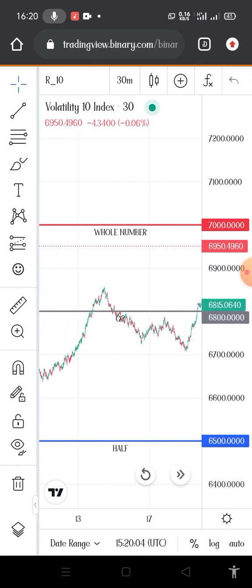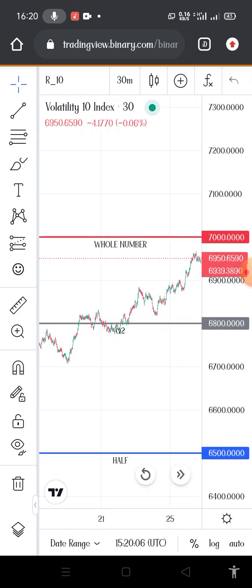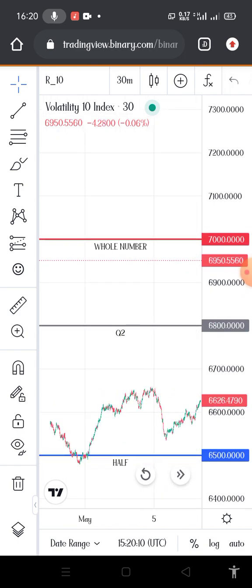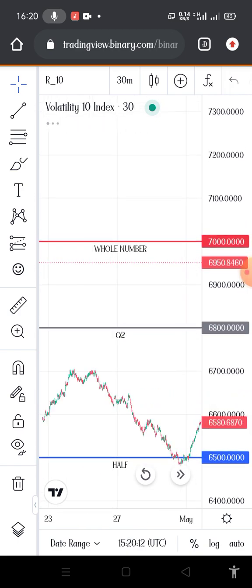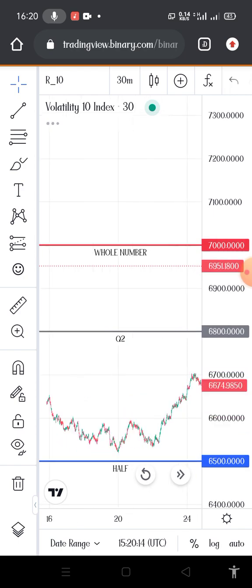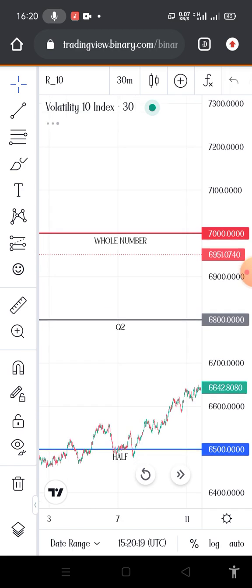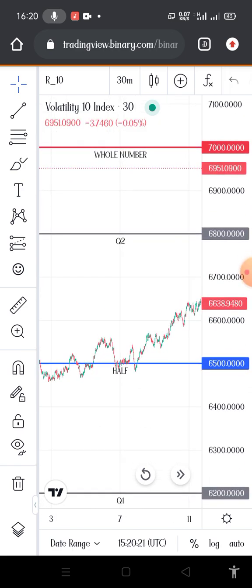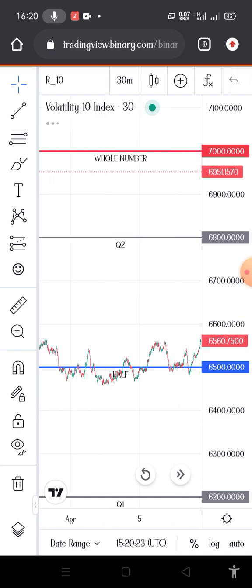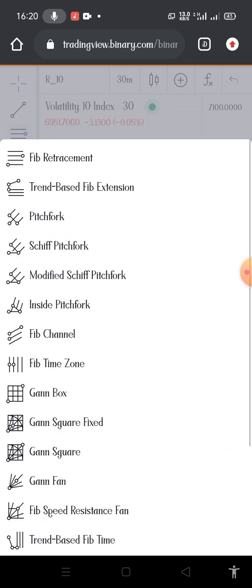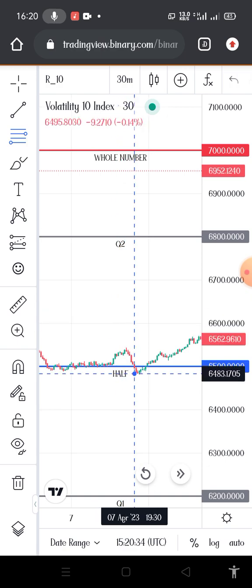Oh, I've missed this already. Okay, let me scroll down here a bit. Okay, I've missed that place already. Now from this half, let's use this Fibonacci tool here and see.